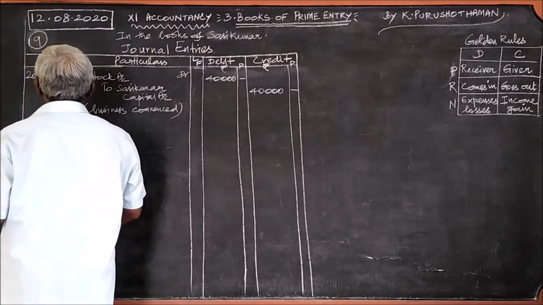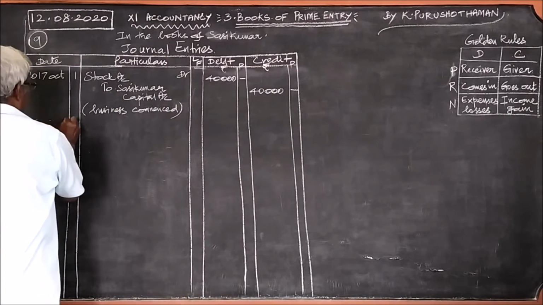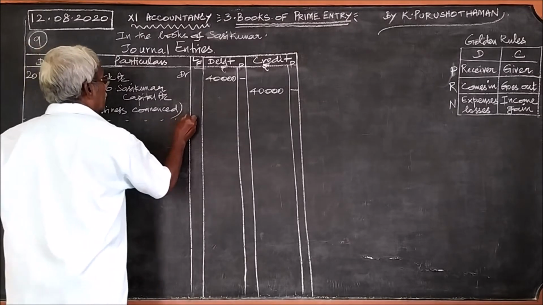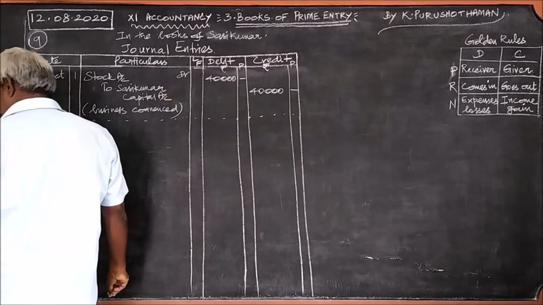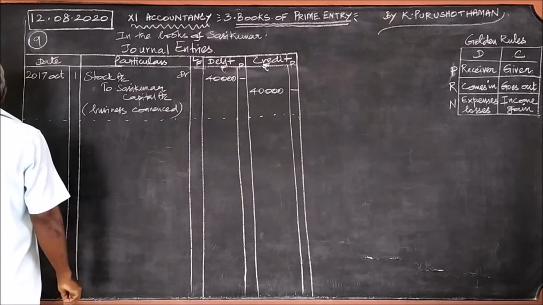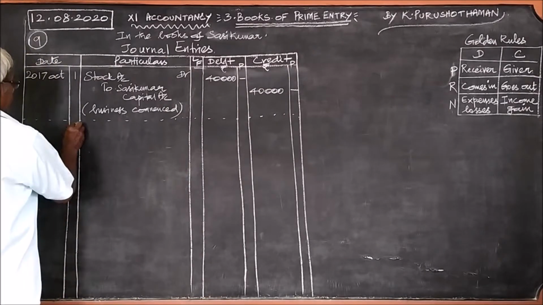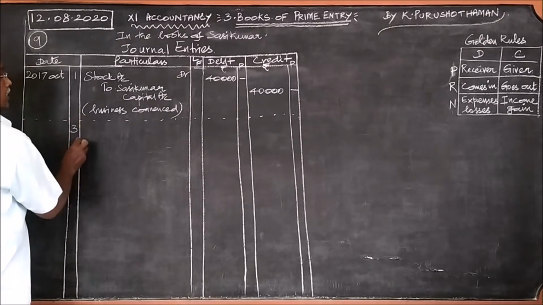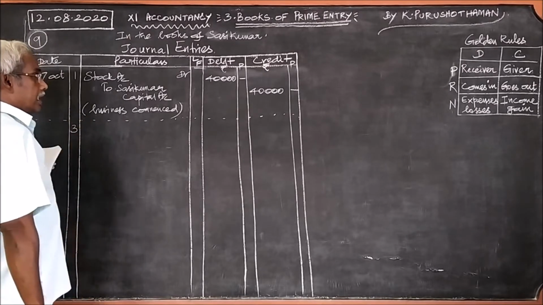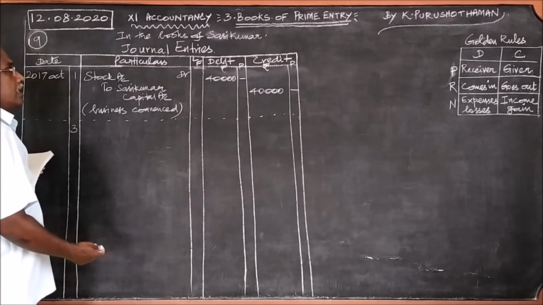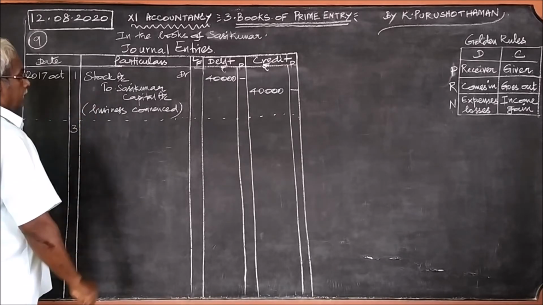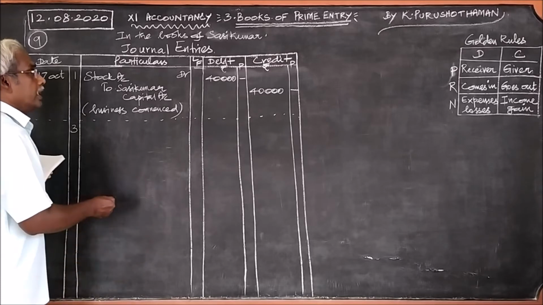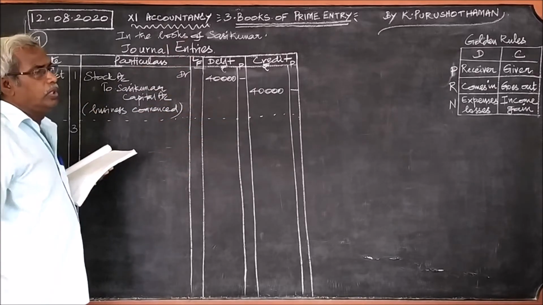Yes, one journal entry is over. Then the second one, third: cash introduced in the business. That is, cash is invested into the business by Sasi Kumar. So what comes in? See the debit rule.